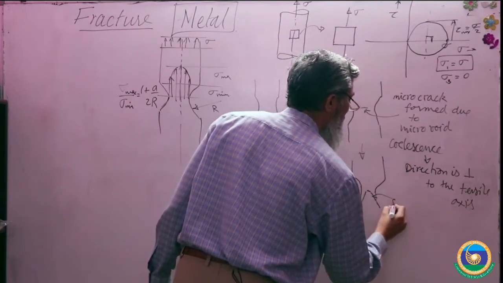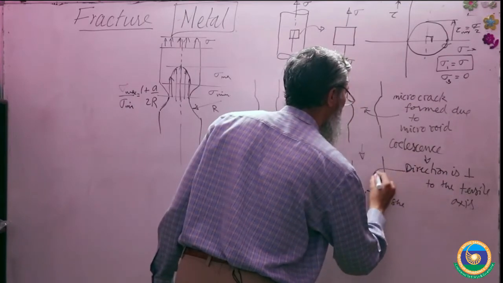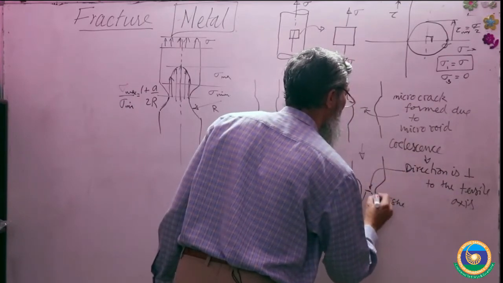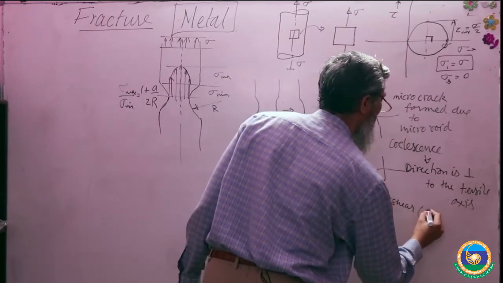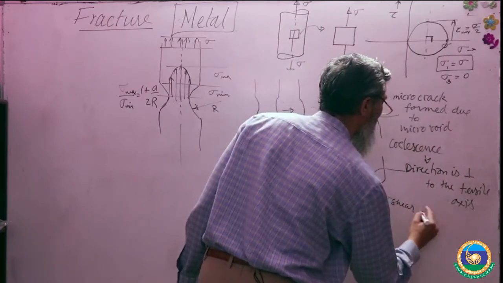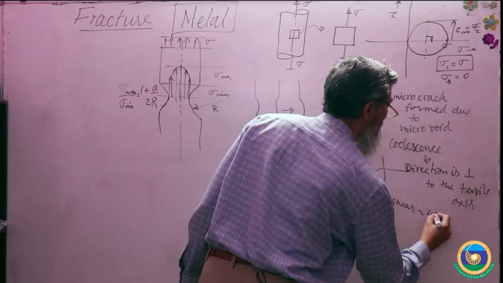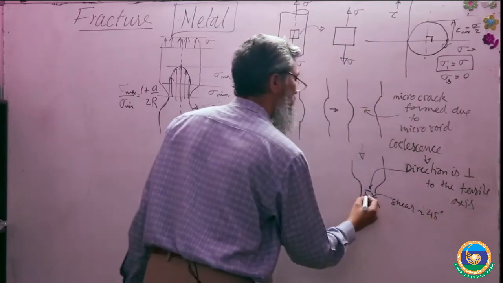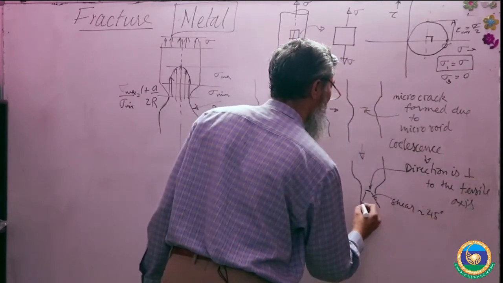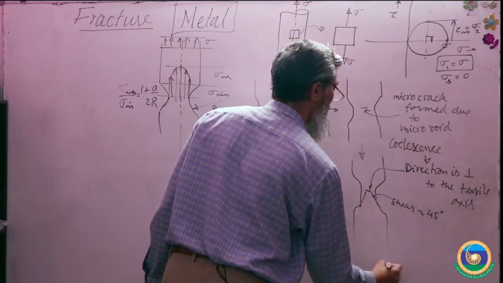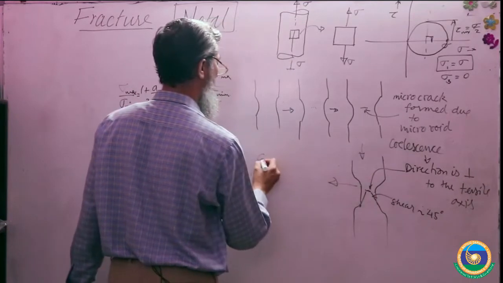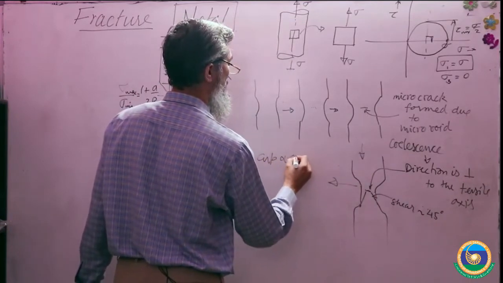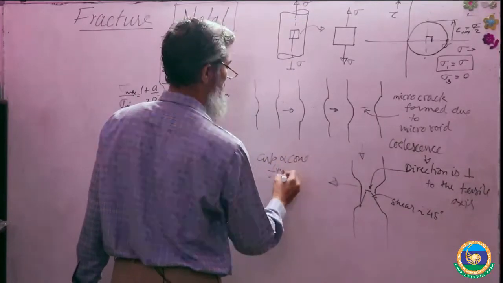These are shear regions, due to shear, at almost 45 degrees. These are called shear lips, and that's the reason why this results in a cup and cone fracture.